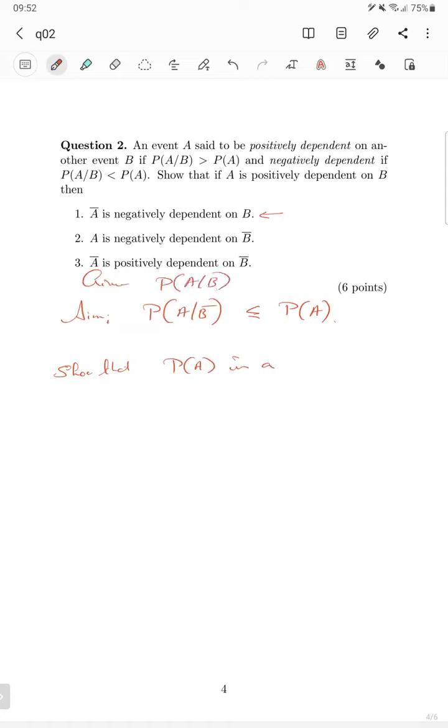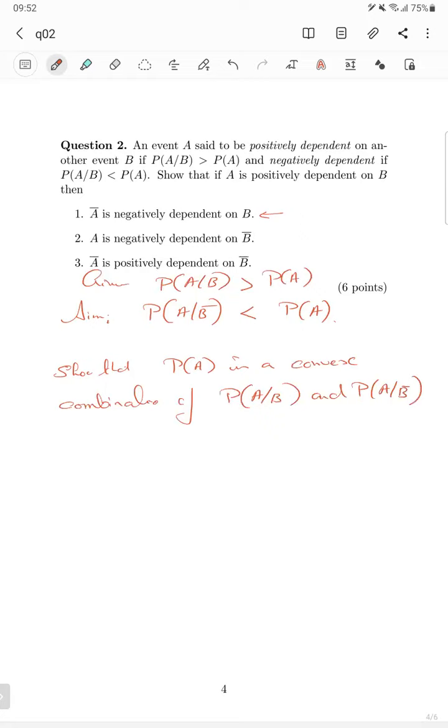We are given that P of AB, since it is positively, by the way, in this exam it was all strictly positive and strictly negative. What finally Lalat showed was that PA is a convex combination of these two, P of A given B and P of A given B bar.